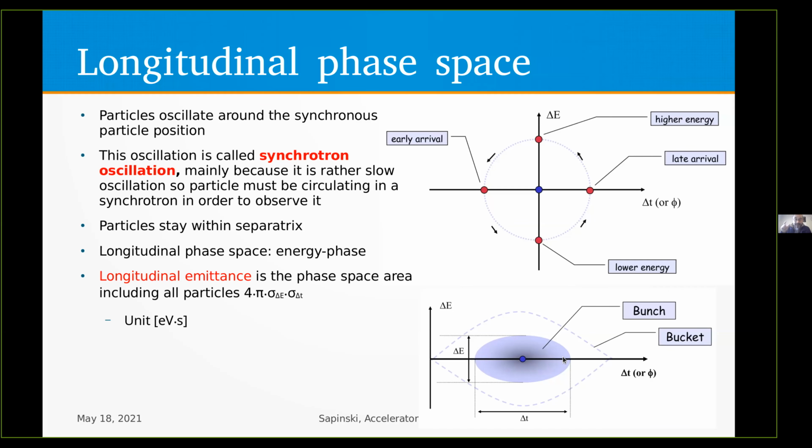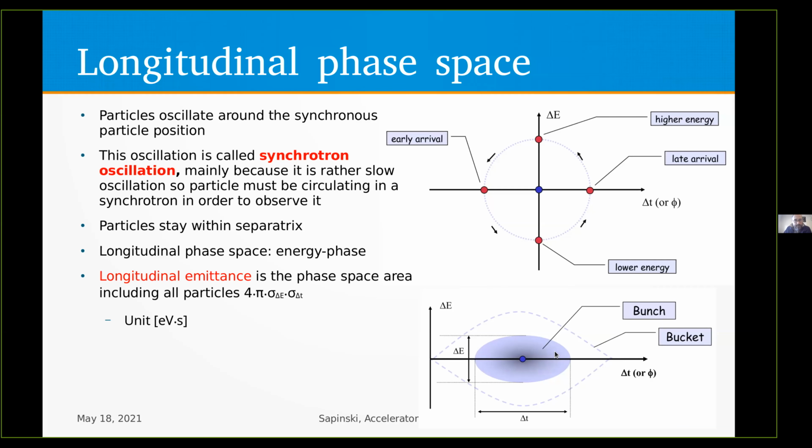So here you have the second very important point. You had transverse emittance before, and now we have defined longitudinal emittance. You will see here what we call a bucket, which is the space, or the range of phases, where particles can be accelerated, and the bunch, which is the part of the phase space filled by the particles.